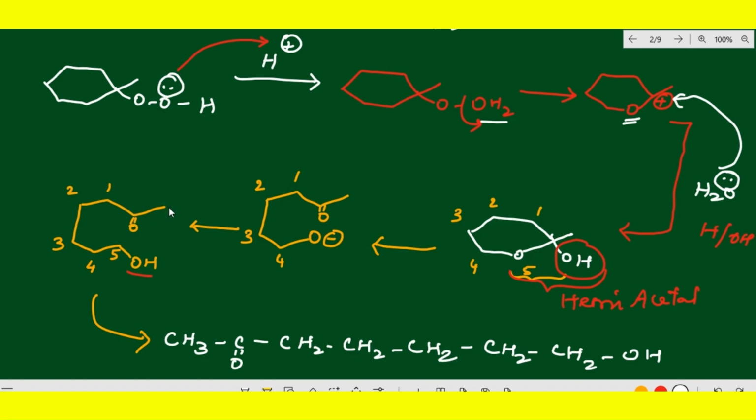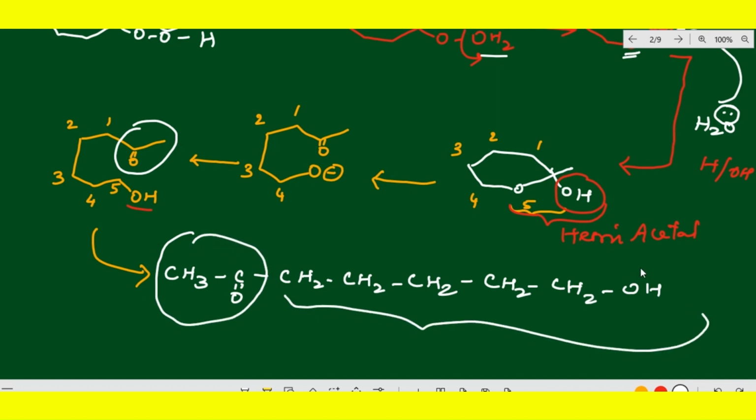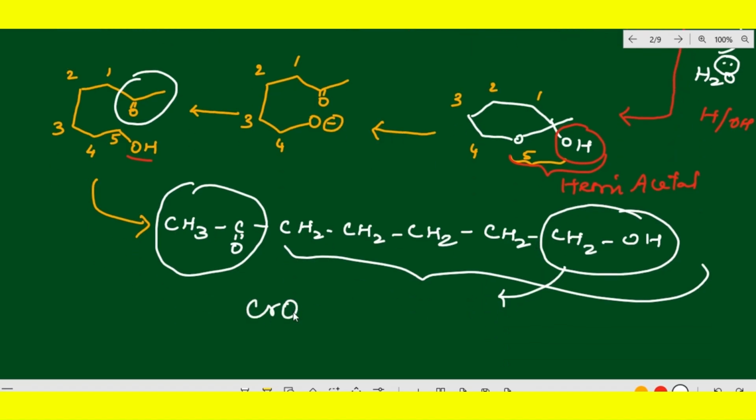So you will get the methyl keto group forming. So 1, 2, 3, 4, 5, and then here what you will be getting: the methyl group is also available, as well as a primary alcohol. So primary alcohol will be answerable for chromium anhydride, CrO3, which is also known as Jones reagent.